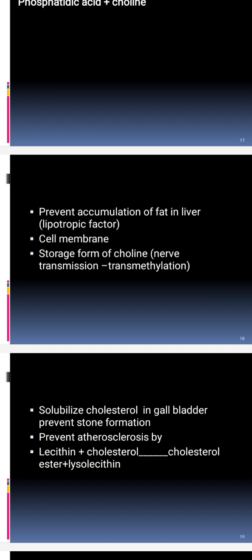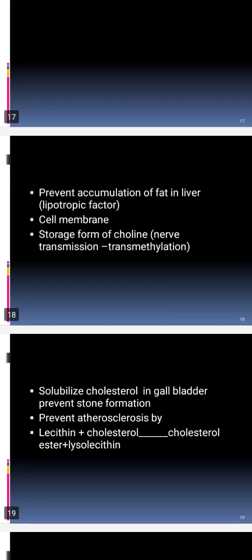If you focus, you will find that most types of the phospholipids are constituents of the cell membrane. Also, it's one of the storage forms of choline. Choline has a role in nerve transmission, okay? Transmethylation role.